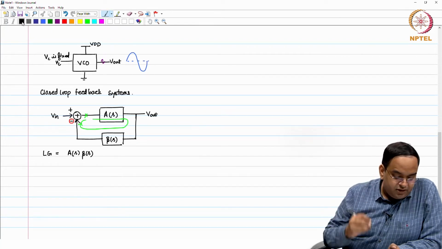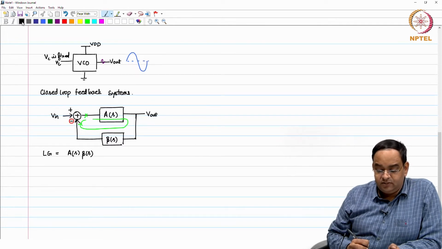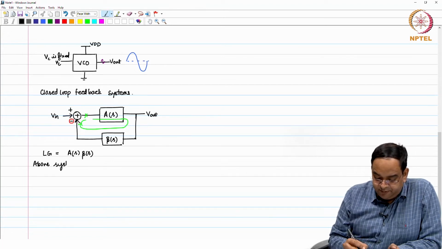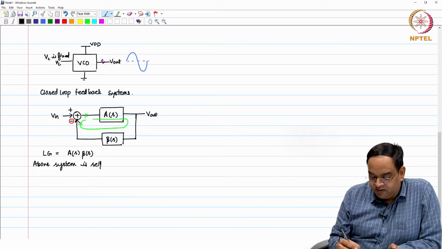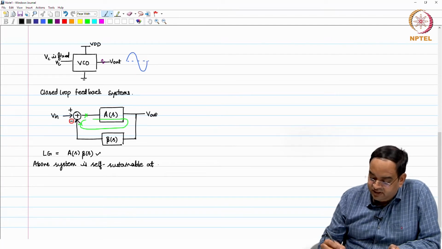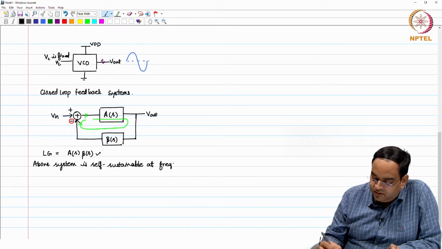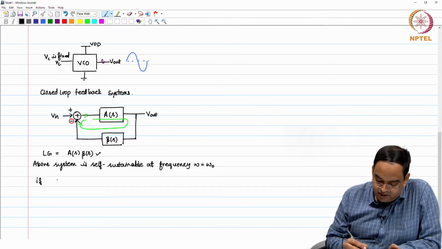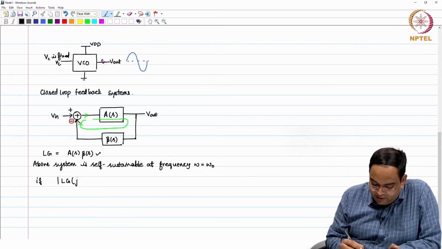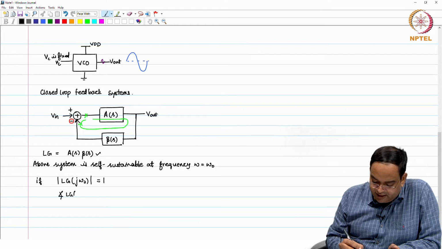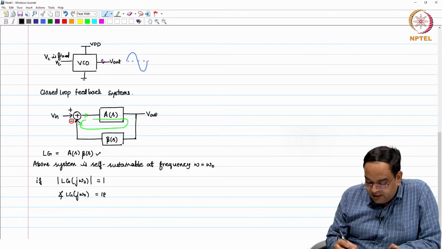Okay. So, given this loop gain, the above system is self sustainable at, because we are writing in the Laplace domain, so we will talk about frequencies, at frequency omega equal to omega naught, if the magnitude of the loop gain at j omega naught is equal to 1 and the angle of the loop gain at j omega naught is equal to 180 degrees.